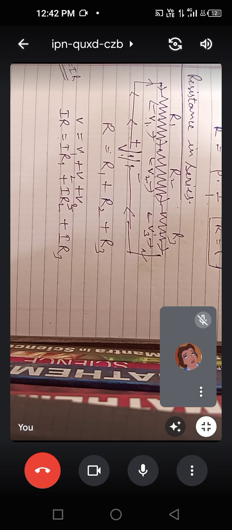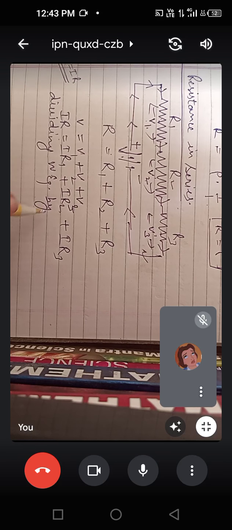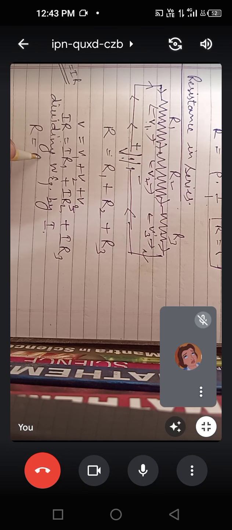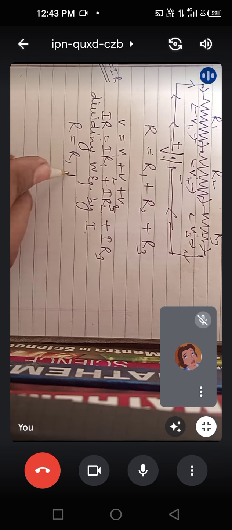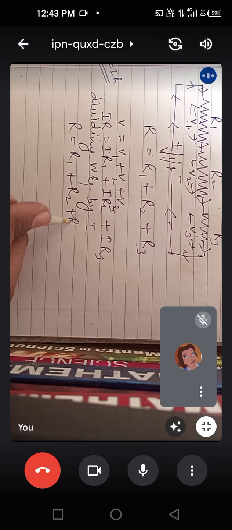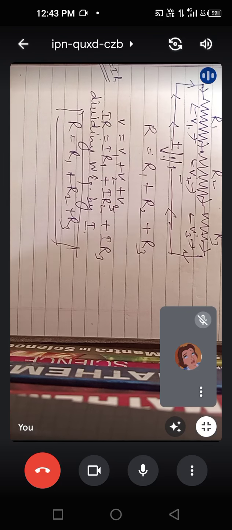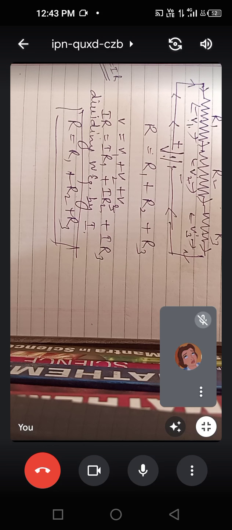Now dividing the whole equation by I, you get R is equal to R1 plus R2 plus R3. This is the combination formula for resistance in series and its derivation.